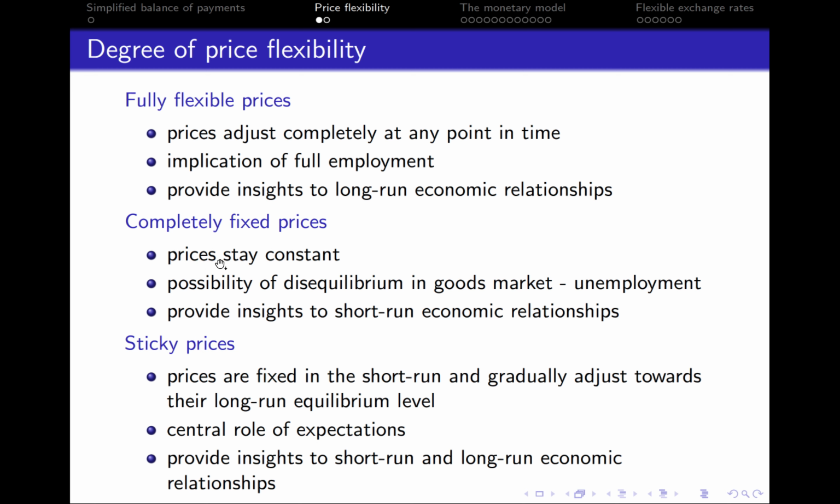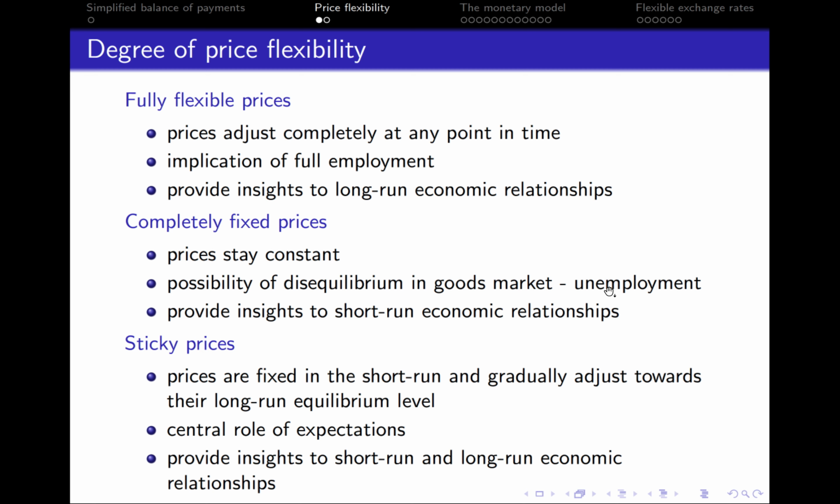In this case, of course, we rely on short run analysis. With prices not adjusting, there is a possibility that we might have a disequilibrium in the goods market, so unemployment goes above the natural level.